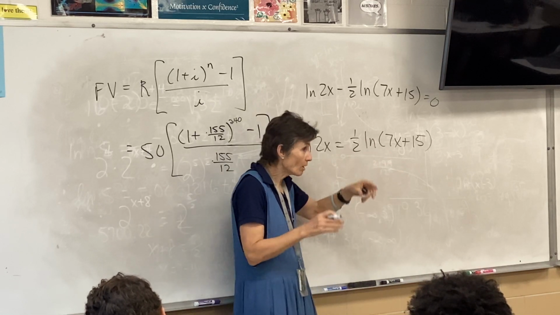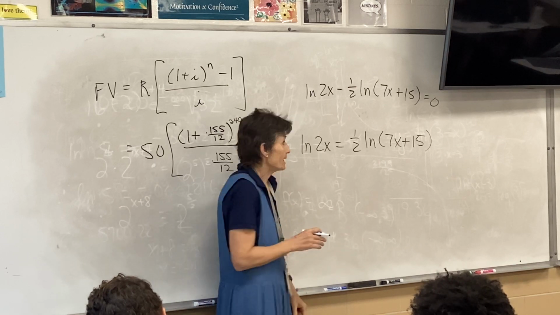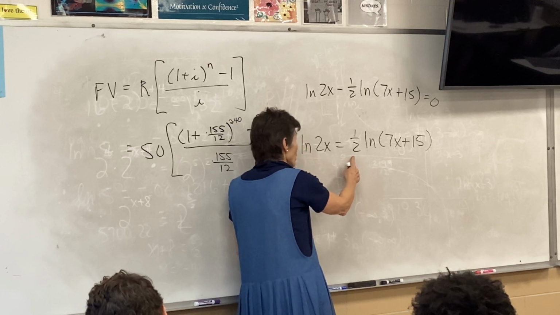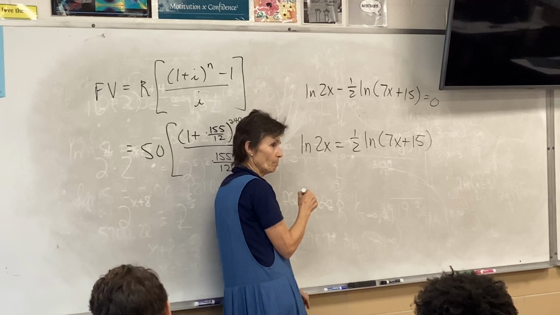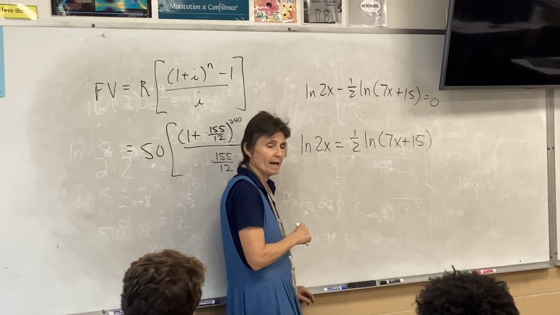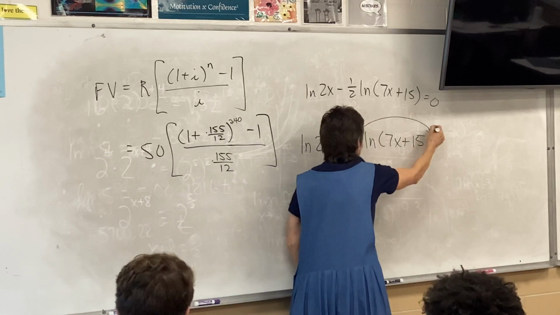Now I have one logarithm on each side, which is perfect, except this one has a number out in front of it. So I'm gonna multiply both sides by 2. Oh, that's not gonna help, because that's just gonna move it over here. What am I gonna do with that 1/2? Bring in an exponent.